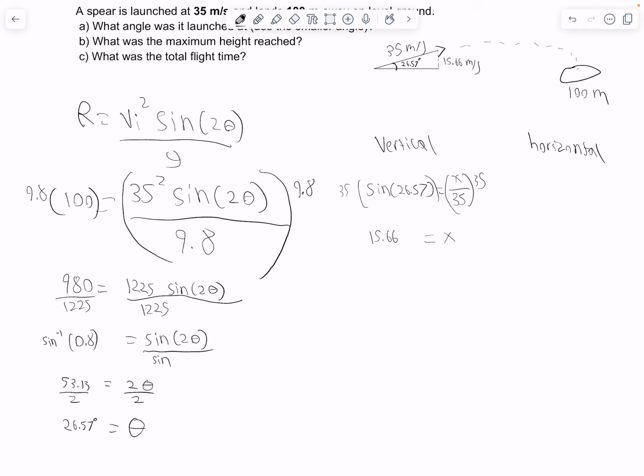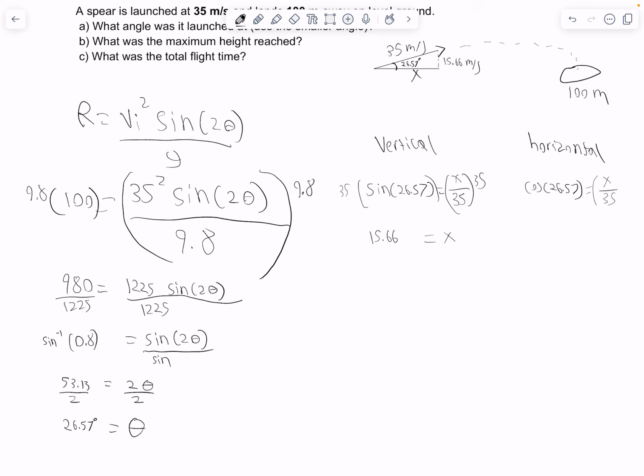Now we're going to do the same with the horizontal. We're trying to figure out this side. Based off the angle, that is going to be adjacent and hypotenuse, so that would be the CAH in SOHCAHTOA, which would be cosine. So we're going to do the cosine of 26.57 equals our adjacent, which is x, over the hypotenuse, which is 35.